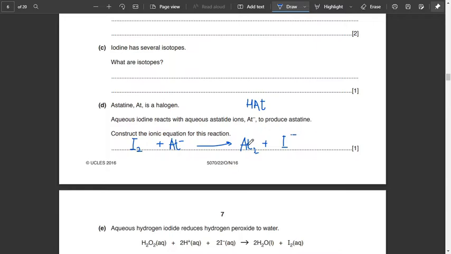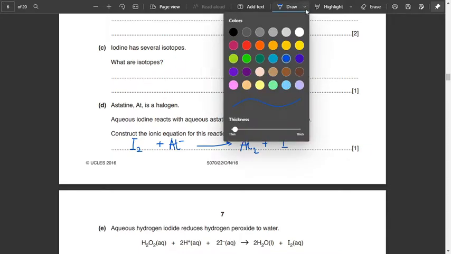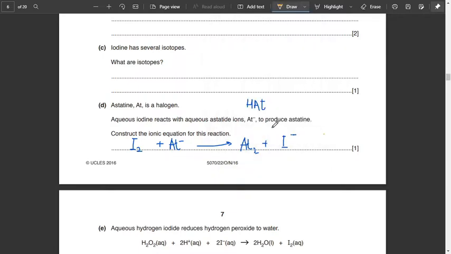Because we are again assuming that H plus has been cancelled out. In other words, there is an H plus over here and there is an H plus over here as well, which has been cancelled out, hence we didn't write it in our final equation. It is as simple as that.